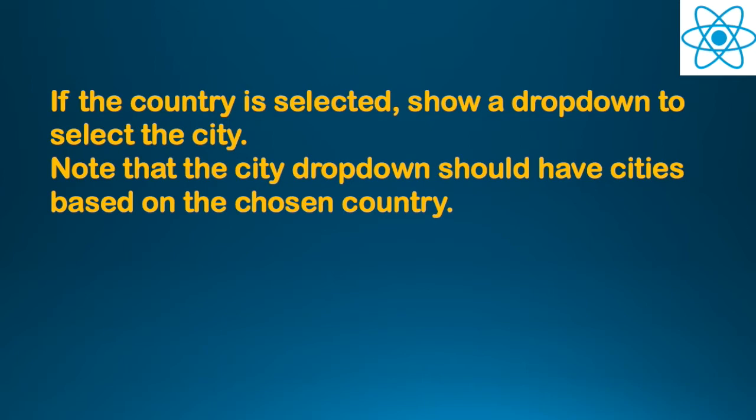So in the form that we have been developing, if the country is selected, show a drop down to select the city. Note that the city drop down should have cities based on the chosen country. So depending upon the country we have chosen, we want to show the cities of that country only.